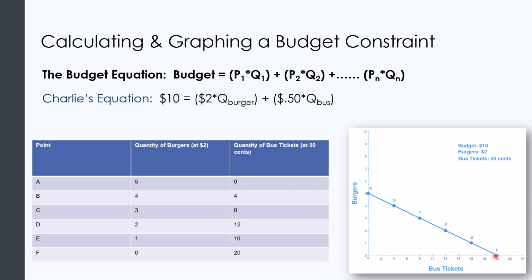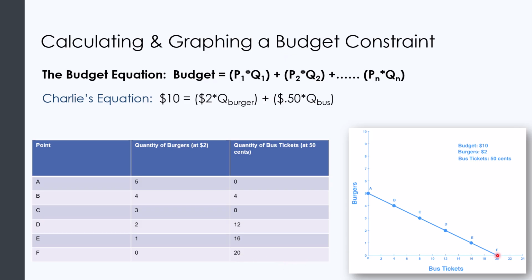So we've got the ends of our budget constraint line if we buy all of one product and nothing of the other. Then each point in the middle on that line represents a combination of burgers and bus tickets that could be purchased for exactly $10, maximizing the use of Charlie's budget.